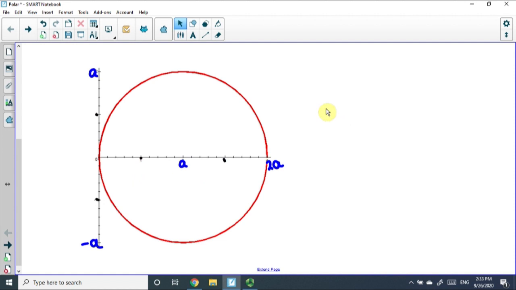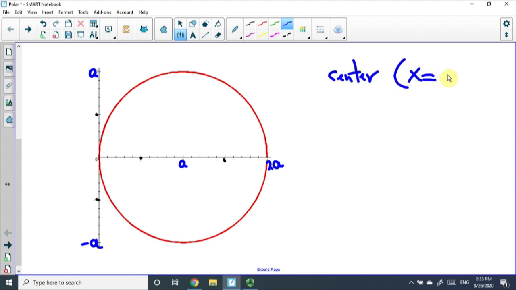The circle has radius A, and it's clear that the center is located at x equal A and y is equal to 0. So let's start asking a few questions and answering them in a clear way.